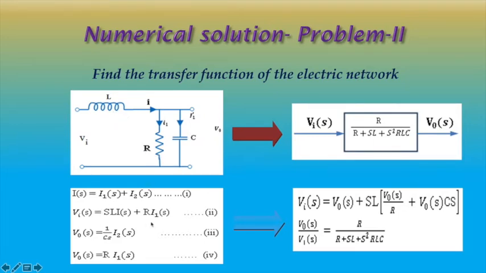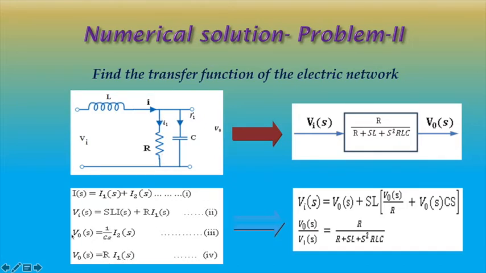Taking Laplace transform, we get V(s) equals L s I(s) plus R I1(s). Another equation: V0 equals 1 by Cs into I2(s). The voltage drops across the resistor and the capacitor are the same, so V0 equals R into I1(s).